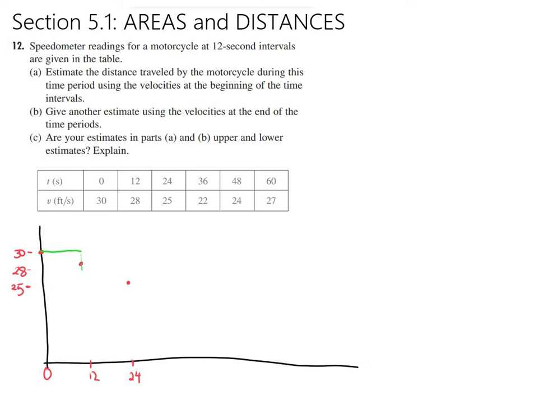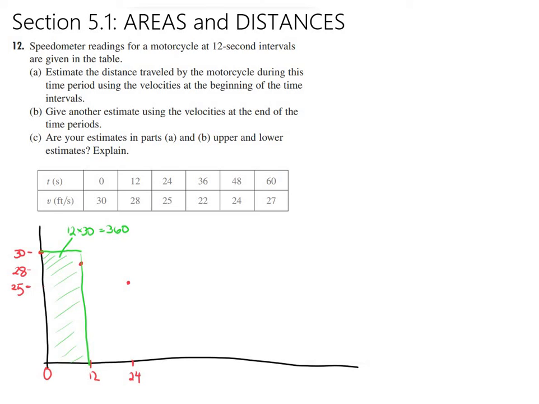And if we want to think of that as a rectangle, we can think of that as a 12 by 30 rectangle. So if it's spending 12 seconds going 30 feet per second, that'd be 12 seconds at 30 feet per second, which makes 360 feet.